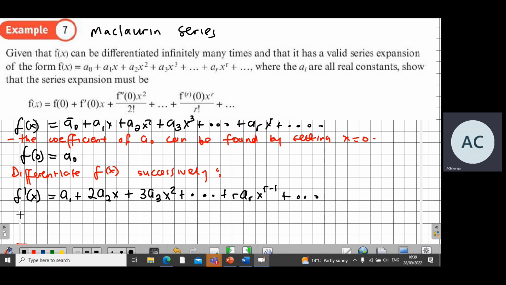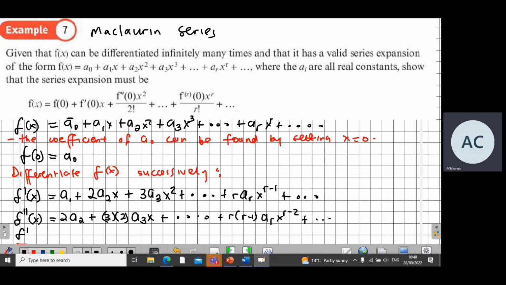If we do it again for the second time, I'm just going to do it for 3 times. F double prime of x gives us, so this is now a constant, it becomes 0, so we are left with 2a2 plus 3 times 2 a3x. Can keep on going, plus r times r minus 1 ar x to the power of r minus 2.